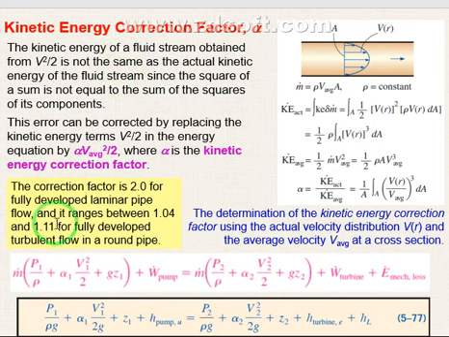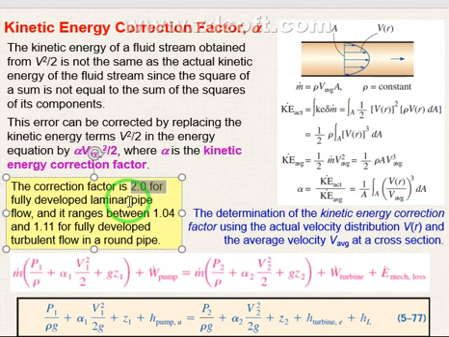When it's mentioned, mainly it's going to equal 1. If it's not mentioned, you're going to take it as 1. The correction value is going to equal 2 when we have fully developed laminar pipe flow. So that's the factor. But it will be between 1.04 and 1.11 when we have fully developed turbulent flow. And you need to understand what we mean by fully developed.